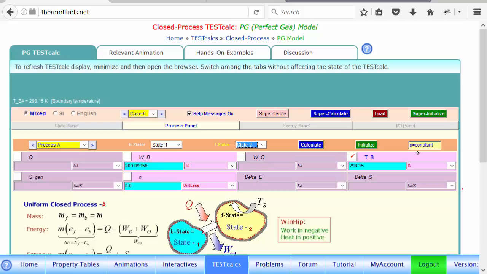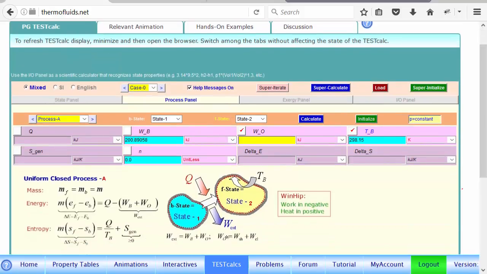Notice the TEST calc already figured out that pressure remains constant. It found the boundary work. Other kind of work, which is shaft and electrical work put together, is called other kind of work in this TEST calc. You can see the definitions are written here. There is no other kind of work, and that gives us the heat transfer in this problem. So the heat transfer is 702 kilojoules.